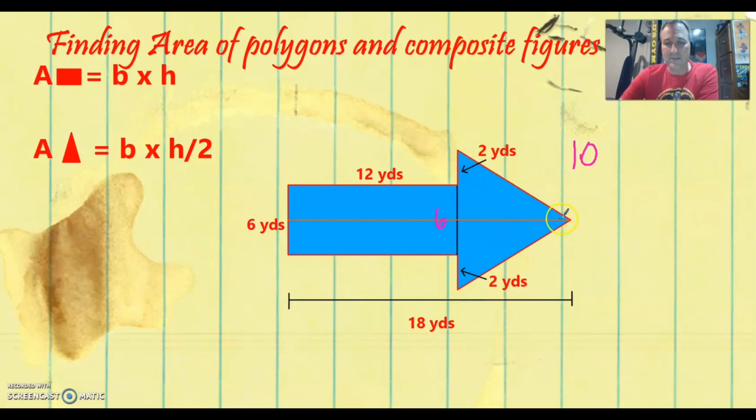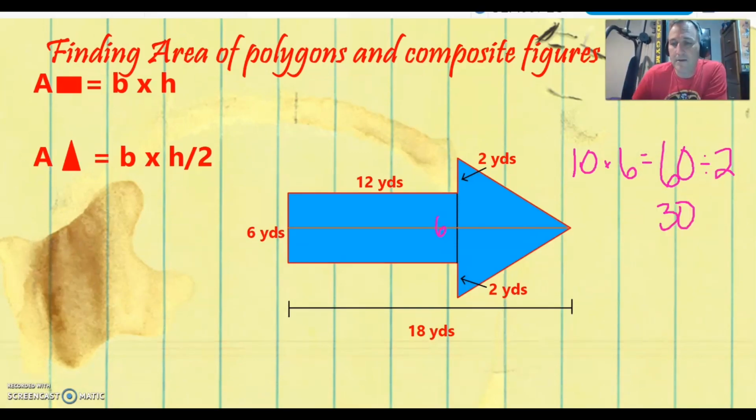And the height here, as we just found, was 6, because 12 plus 6 equals 18. So I have 10 times 6 equals 60. So the area of the triangle equals 30 square yards.